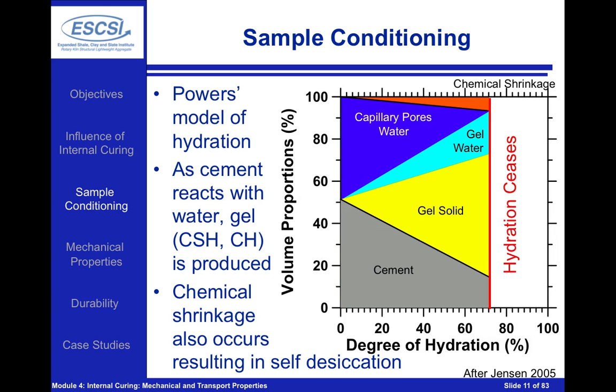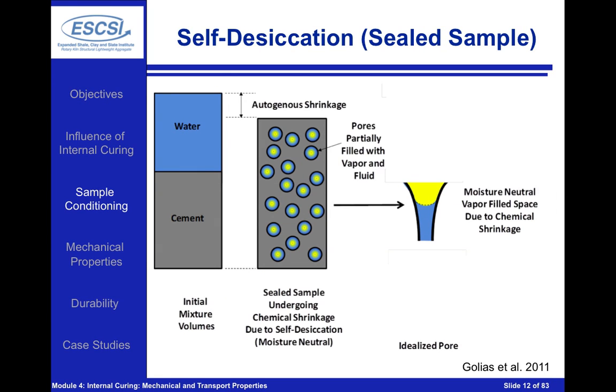As the cement reacts with water, we can see that the dark blue and the gray volumes will decrease, and that will be replaced by the gel solids, which is our calcium silicate hydrate, our calcium hydroxide, which is essentially that yellowish region, the gel water, which is our aqua region, and we also will get some chemical shrinkage going on, which is going to be open space inside of the system.